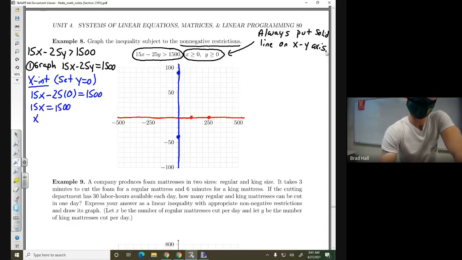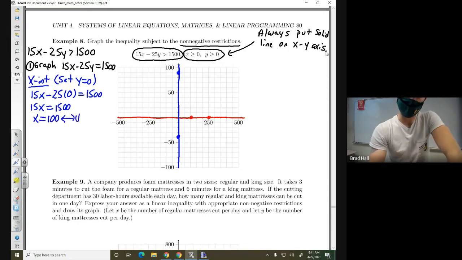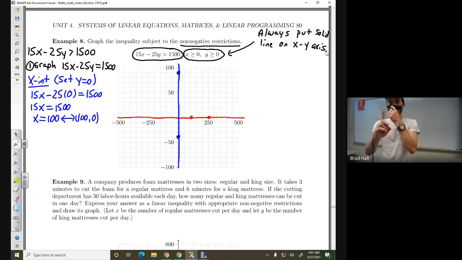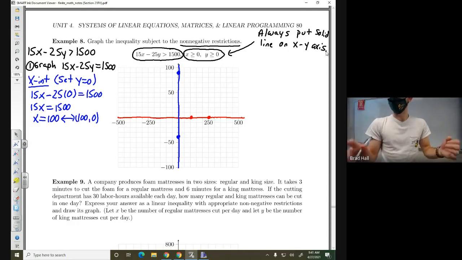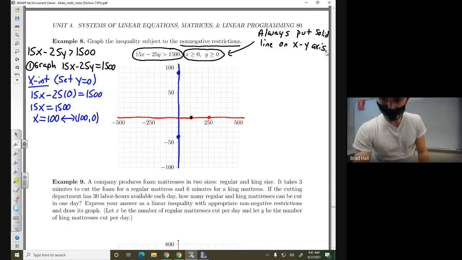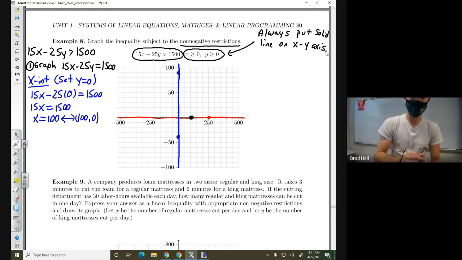Then we get that x is 100, which corresponds to the ordered pair (100, 0). That gives us 1 point on the graph. On the x-axis, the increments go by 50, so that would be right here, or 100.